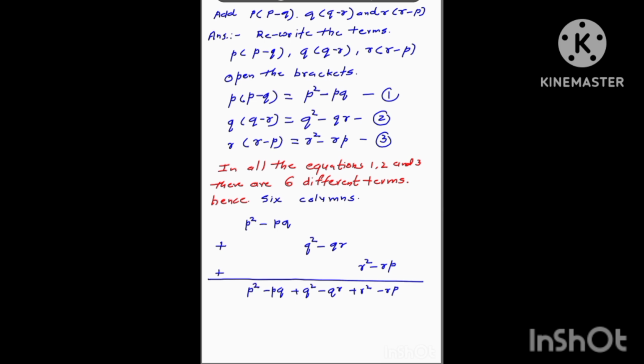It seems you are very lucky to get this very easy example. So rearrange. It's not a hard and fast rule that you should rearrange, but rearranging is better. P square plus q square plus r square minus pq minus qr minus rp. That's all.